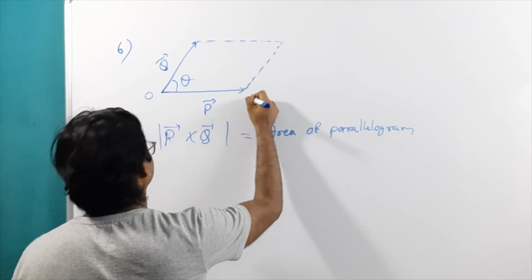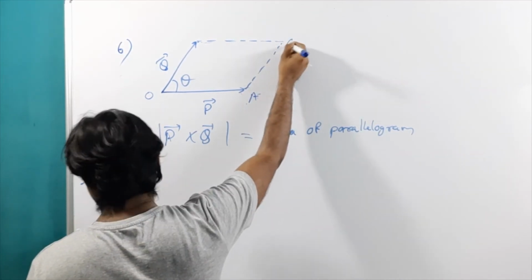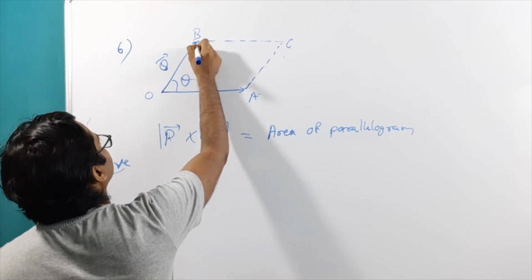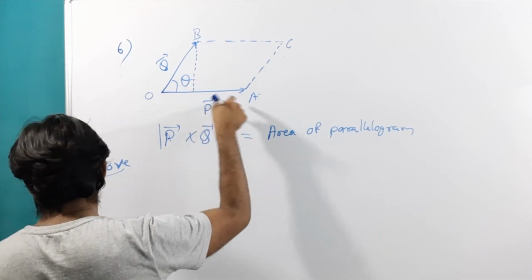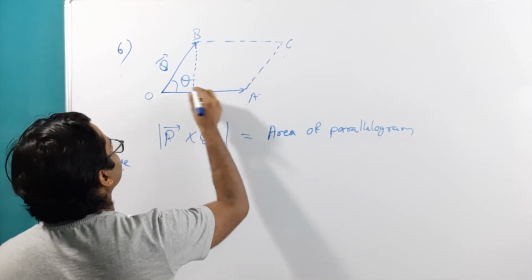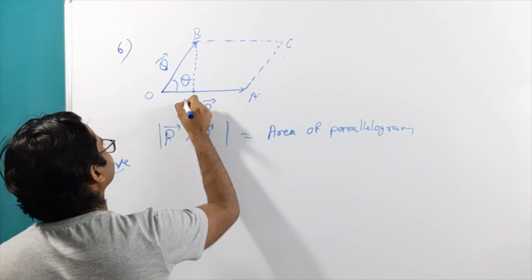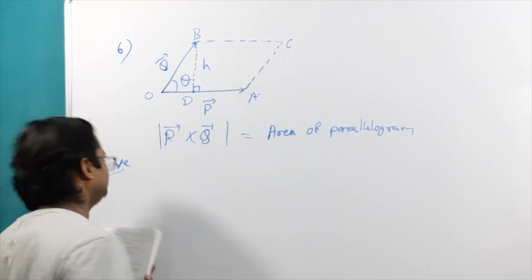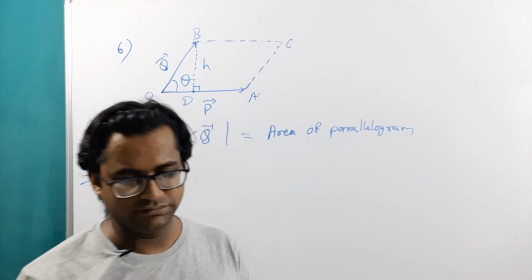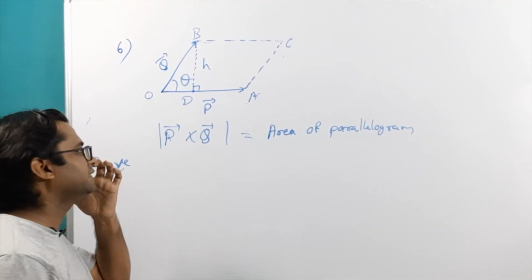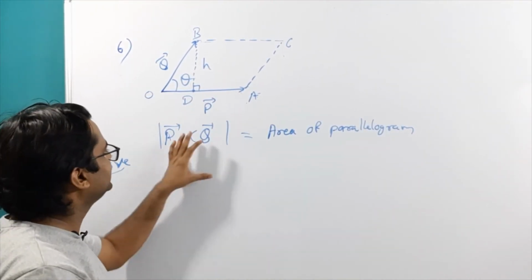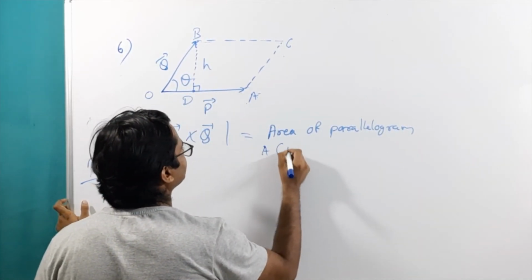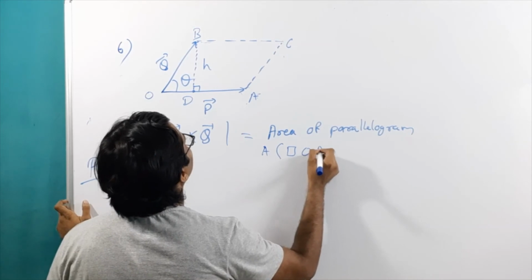This point is O, this point is A, this is C, this is B. We'll draw a perpendicular from B on this line, and this perpendicular point is point D. Since this is perpendicular, this will be the height of the parallelogram. So this is what is given in our textbook as a diagram. So we'll prove the area of this parallelogram, area of parallelogram OACB.